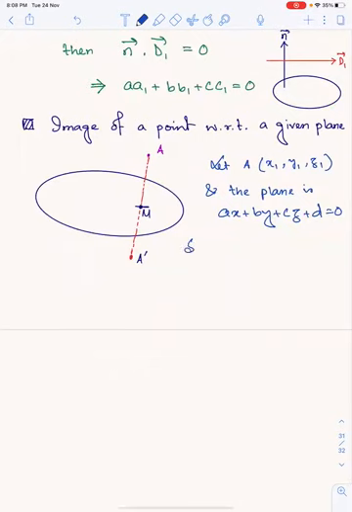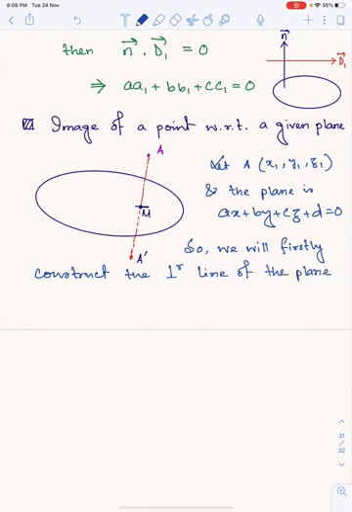So we will firstly construct the perpendicular line of the plane through A. We know the outward normal direction ratio, that's A, B, C, and we do have a point, so we can go for (x minus x1) by A is equal to (y minus y1) by B is equal to (z minus z1) by C.